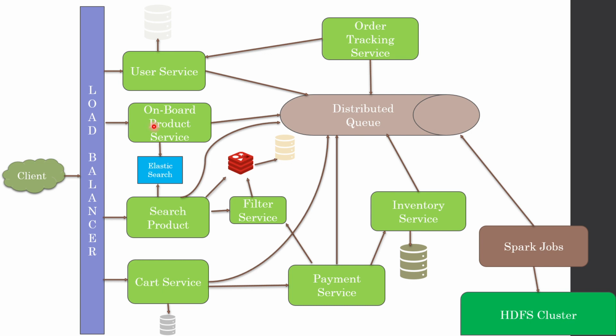Now, some of the classes used in the product onboard service might be used in the order tracking service also, and there would have been a clash or an overlap of similar behavior running across the various modules.